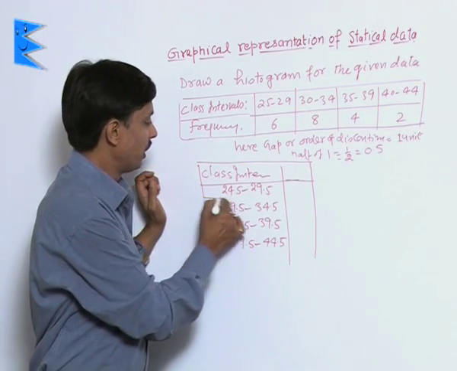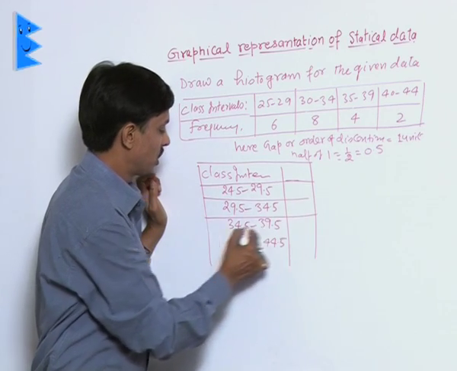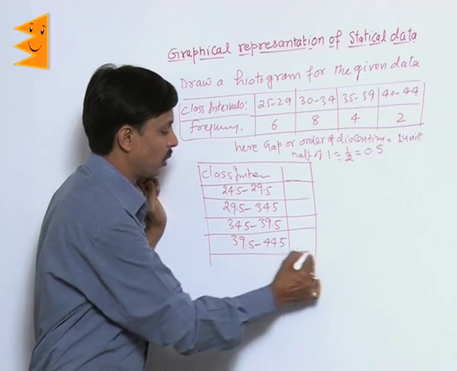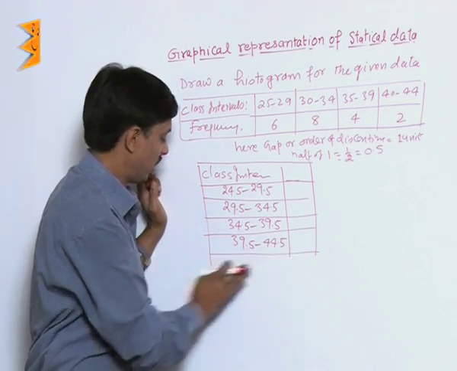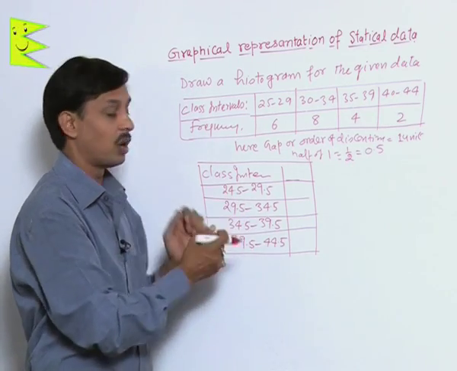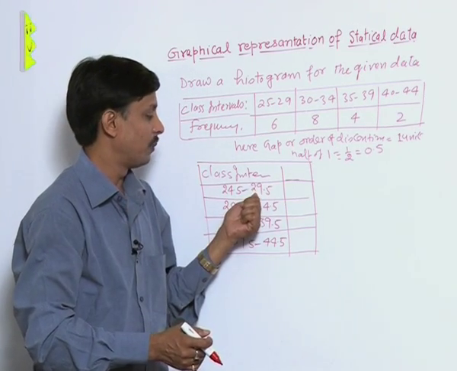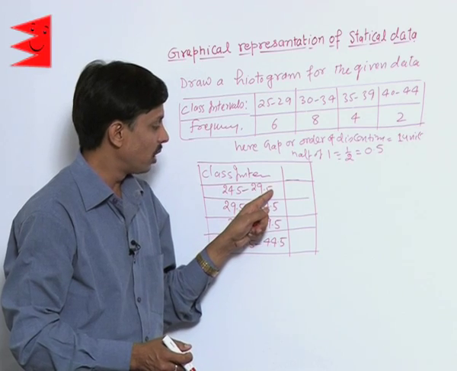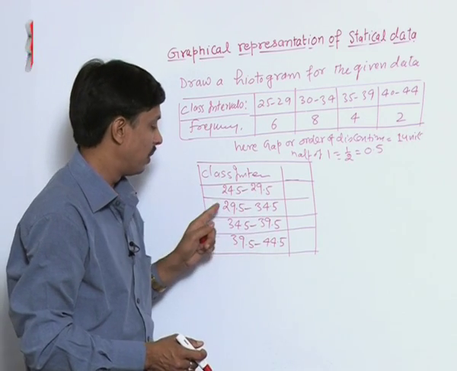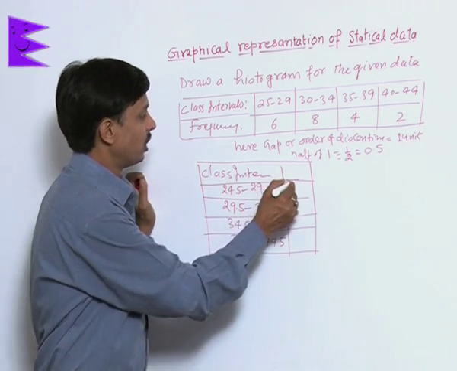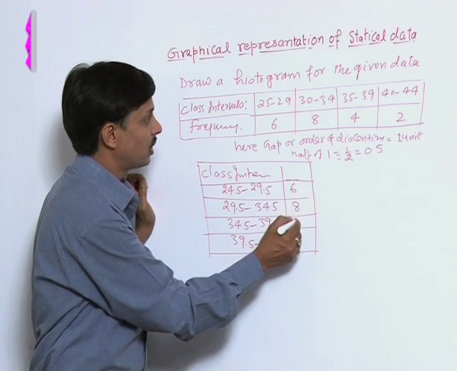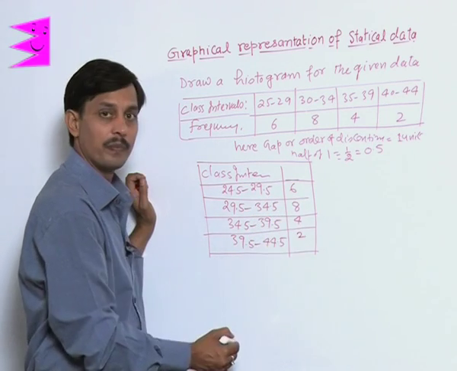Now you can see the data which was discontinuous or inclusive has been converted into continuous or exclusive, because 29.5 is not included here, it is excluded and will be continued in the next. There is no change in the frequencies: 6, 8, 4, 2.